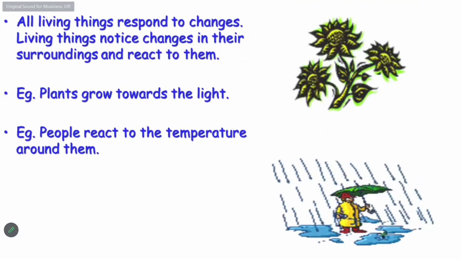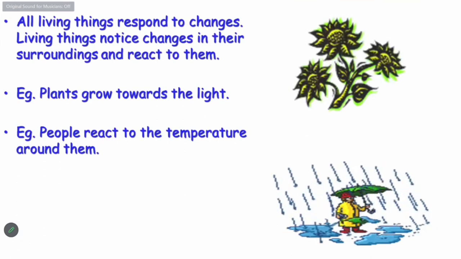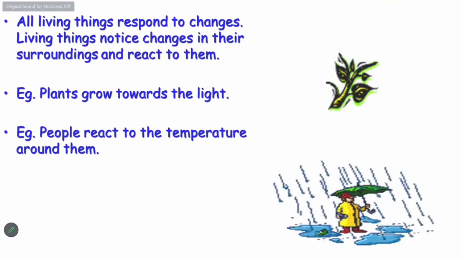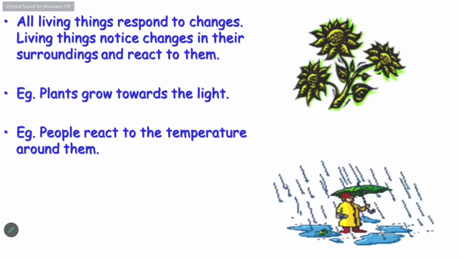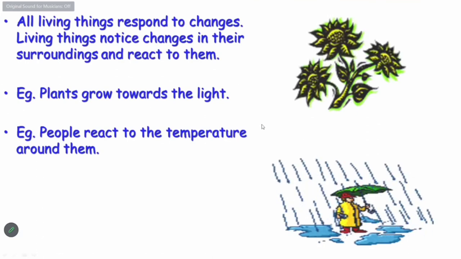So these changes that we see, when the seed germinates, the plumule part, which later forms the stem and leaf, grows towards the light, and the root that is formed by the radicle of the seed goes down, in response to gravity. So usually we people react to the temperature, like the cold, the hot, or the rainy season.